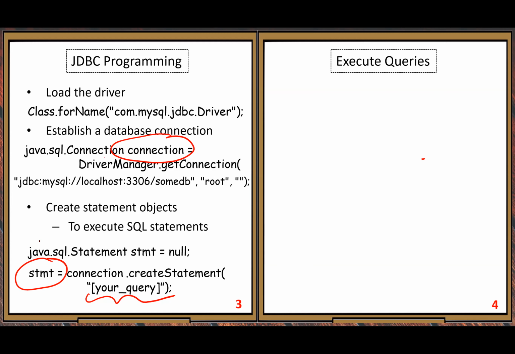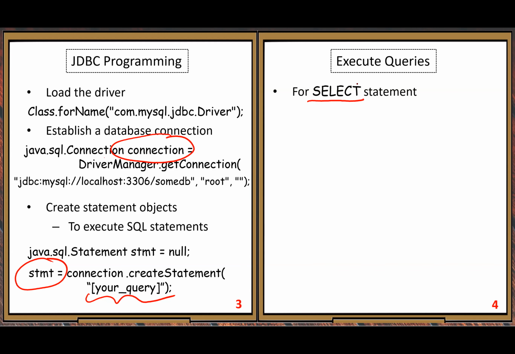All right. Next, we discuss the execute query step. For select statement, there are 4 types, as I just told you in the previous slide. The first type is the select statement.